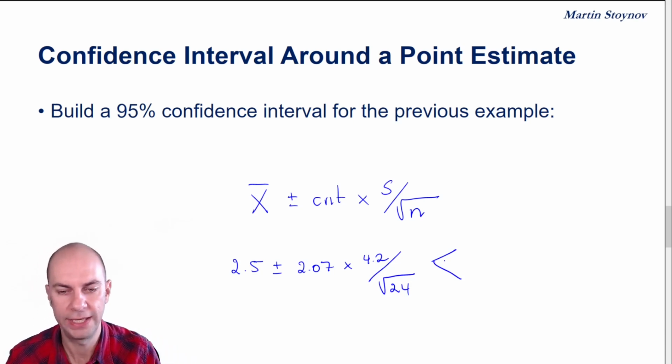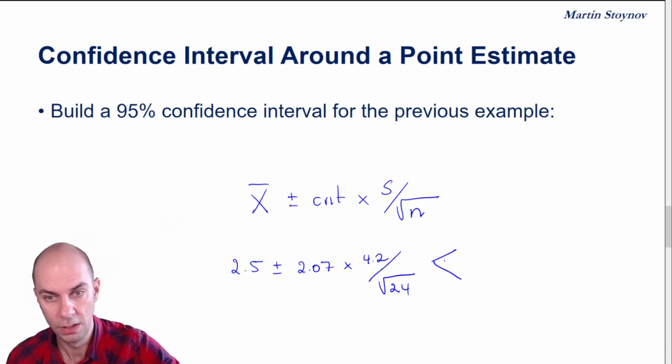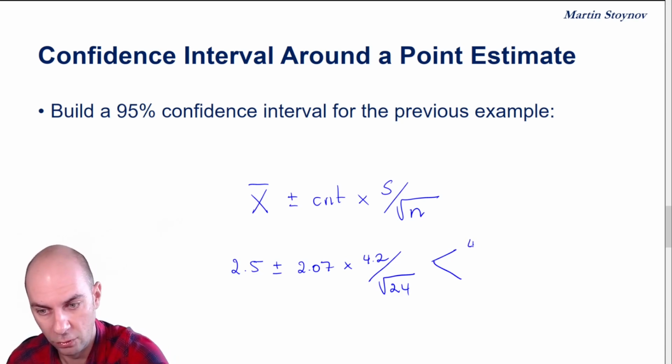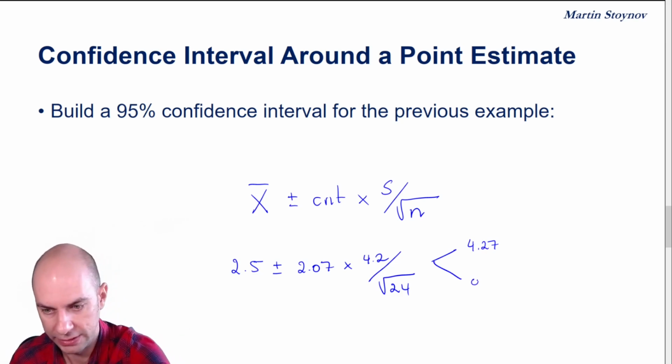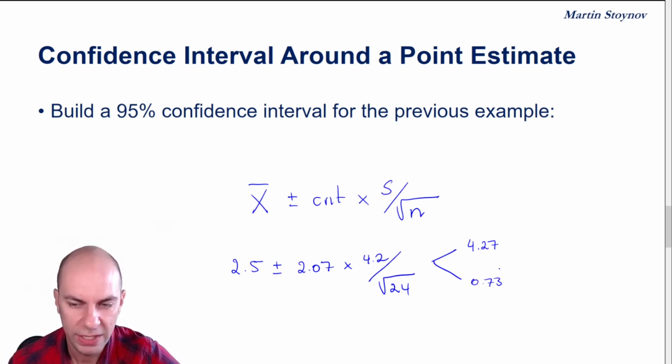Go ahead and calculate the upper and lower values. And the answers are 4.27 and 0.73. We are 95% confident that the true population mean lies somewhere between 0.73 and 4.27.